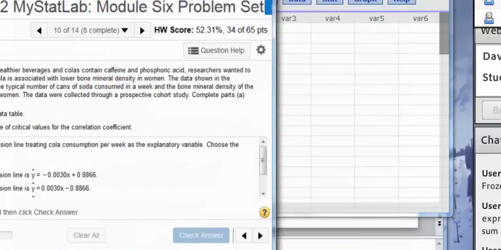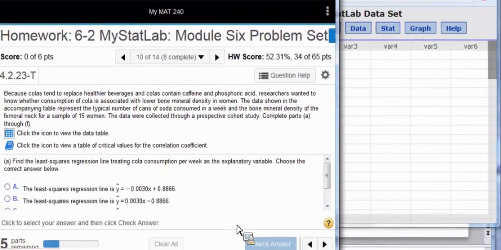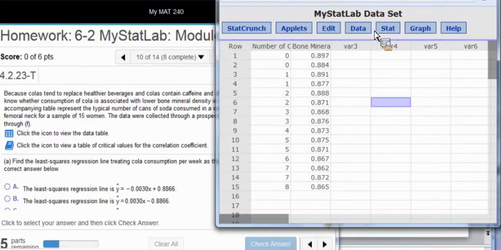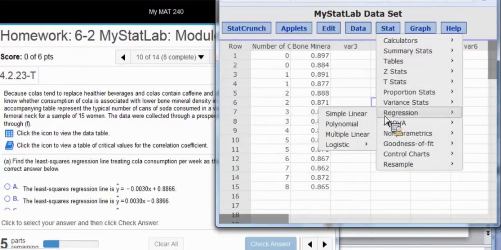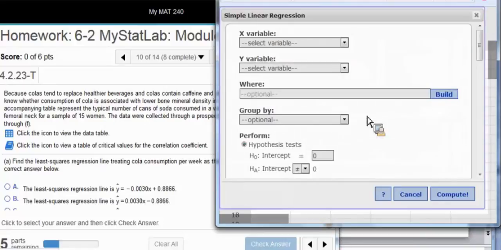The least squares regression line. So, stat, regression, simple linear. So which is the explanatory variable? Which is the X? Is it soda or is it bone?